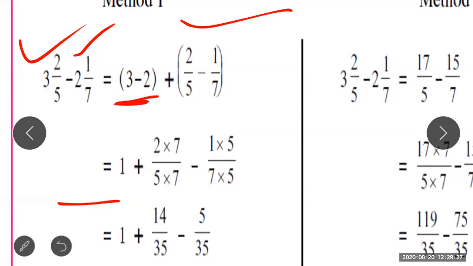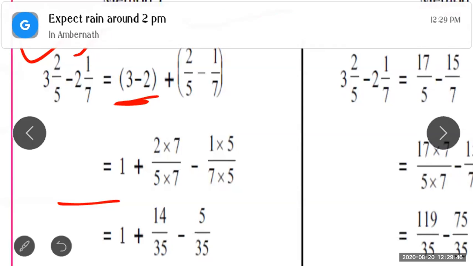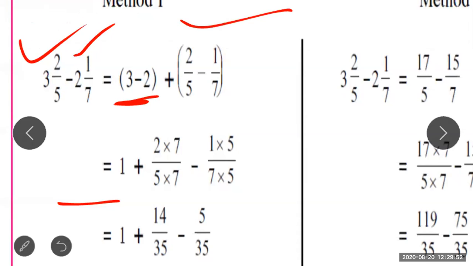But what I told you, if you see, in the 5 table 7 is not coming, and in the 7 table 5 is not coming. At that time you have to cross multiply. Listen properly: when in the 5 table 7 is not coming and in the 7 table 5 is not coming, at that time you have to do a cross multiplication.